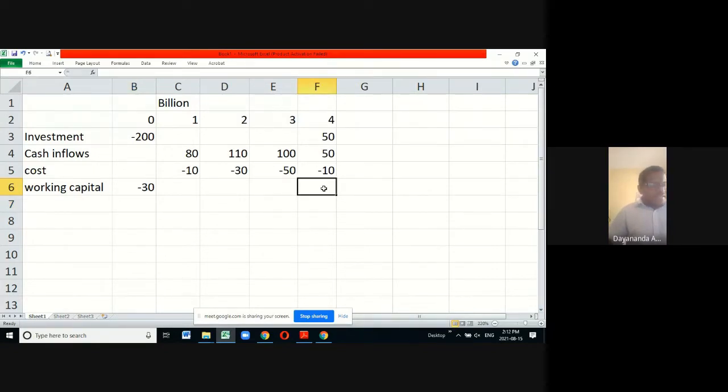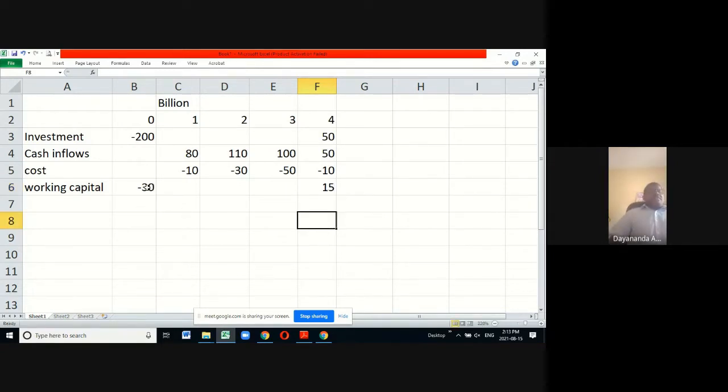If you say that you get 30 back in certain cases, but due to certain factors, you may get back the working capital realized less than that amount. We'll assume that we are getting only half of the working capital invested at the end of the project.